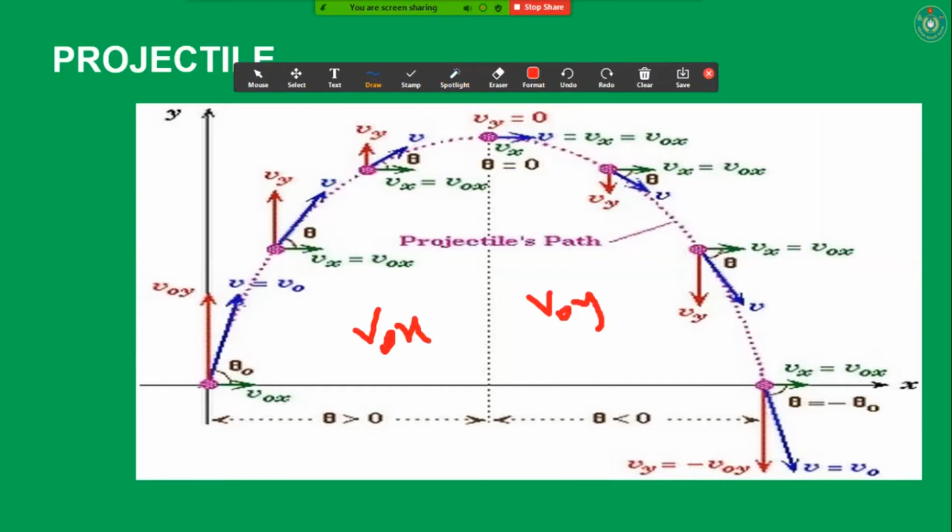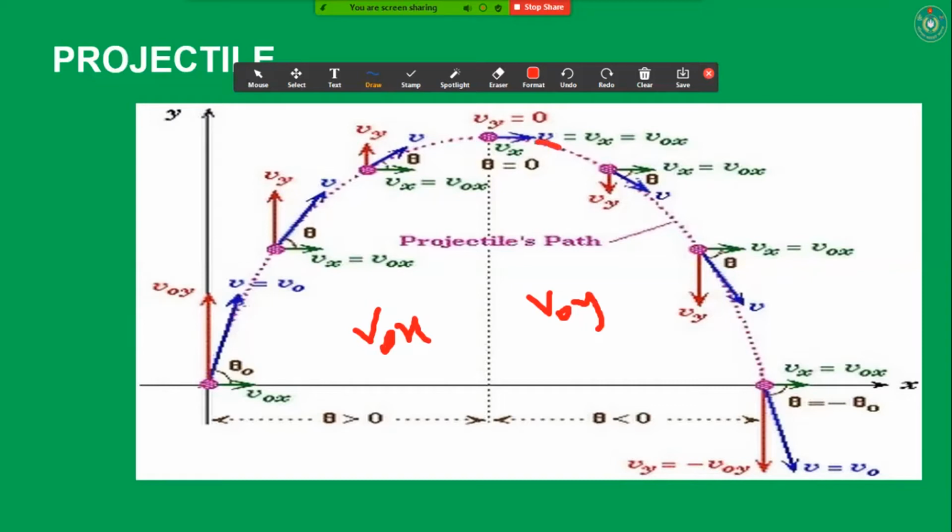At every point except the point of maximum height, you will get two components of velocity. Here at the point of maximum height, the velocity along the y-axis will be 0, and along the x-axis there will be some velocity.